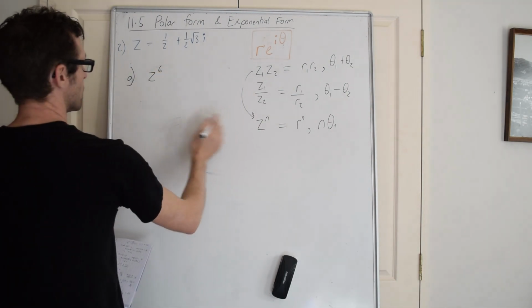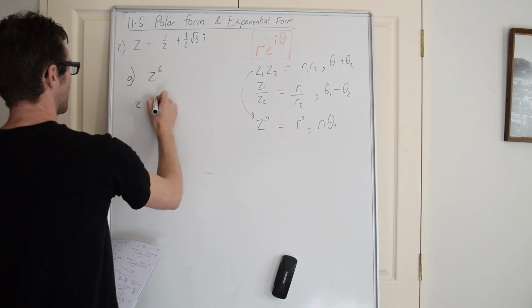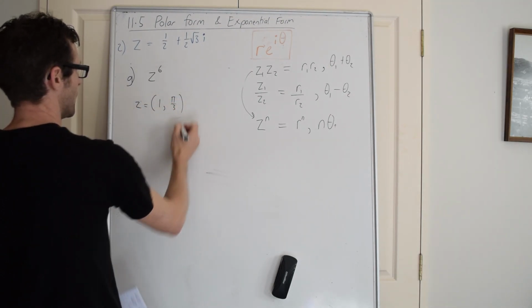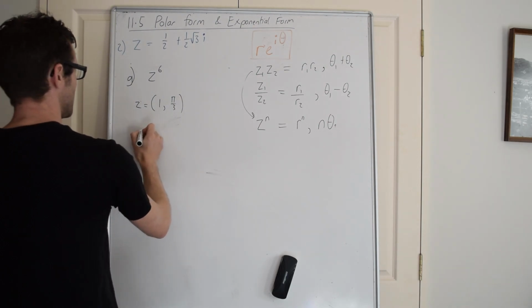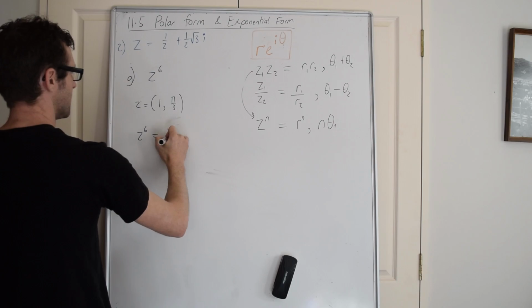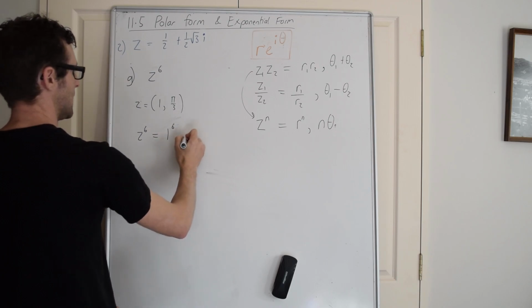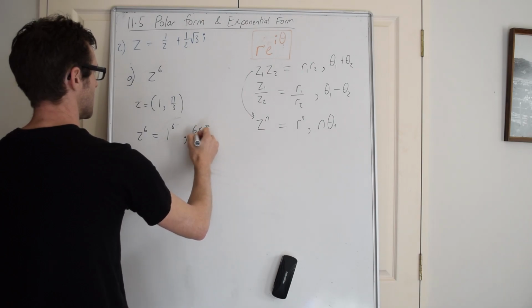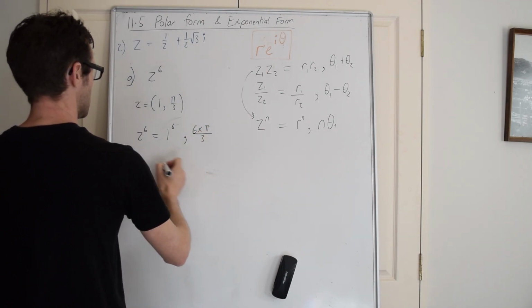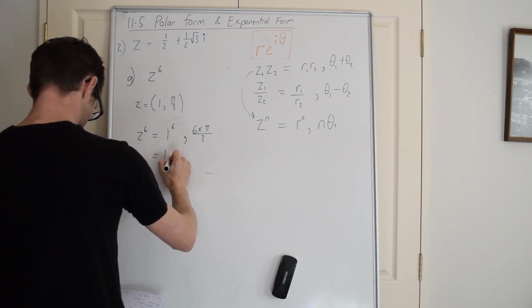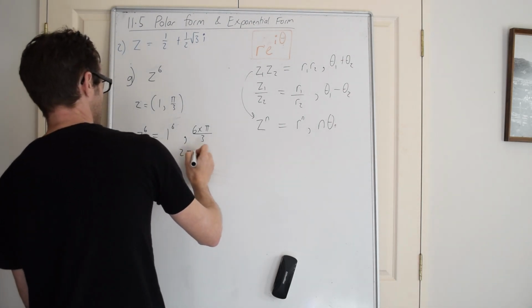Okay, we're going to use this rule here. We know that Z was 1 comma pi over 3, as I remember. Okay? Well, Z to the power of 6, therefore, is going to be 1 to the power of 6 and comma 6 times pi over 3. What does this give us? We get 1 comma 2 pi.